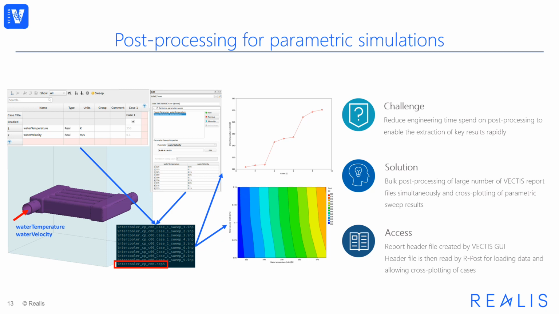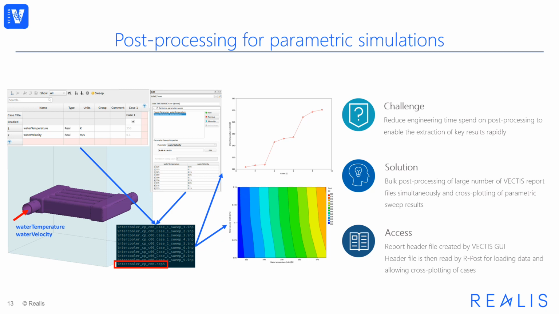The ability to efficiently post-process a large number of simulations from a DOE or a parametric sweep increases the efficiency of the CAE process by allowing us to spend more time analyzing the key results extracted. In this release, we are enabling such fast extraction by introducing a mechanism to bulk post-process simulation results.